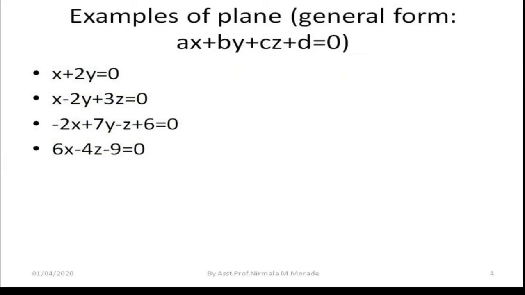These are some examples of plane: x plus 2y equals 0, x minus 2y plus 3z equals 0. All these represent planes. Remember, if the constant term d is present, then the plane is not passing through the origin, and if d is absent then the plane is passing through the origin.